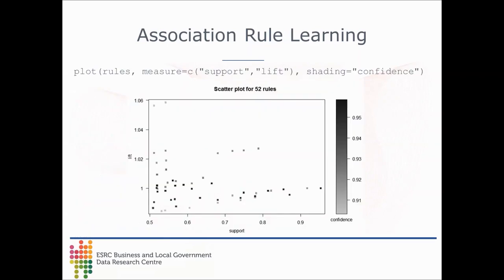So, using the plot function, I can now plot the data to give me a much better view of what I'm looking for. And I can see various shadings going on here for confidence, for support, for lift. And these are variables from within the data itself.